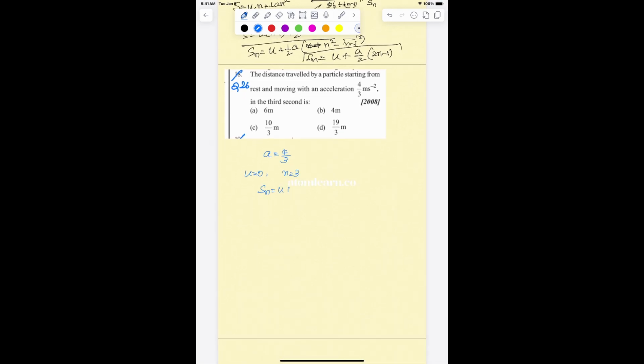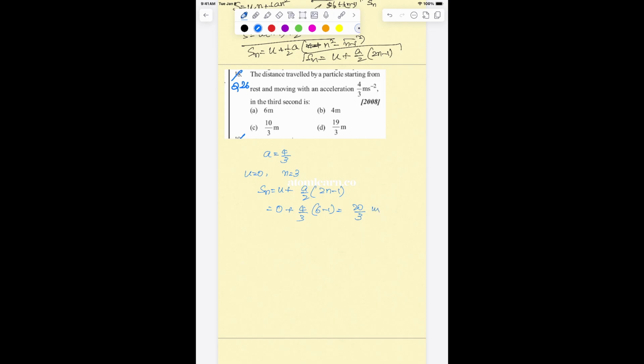Therefore, Sn equals u plus a by 2 into 2n minus 1. You simply substitute u equal to 0, a equal to 4 by 3, and 2 into 3, which is 6, minus 1. That equals 20 by 3, which is the distance covered in meters.